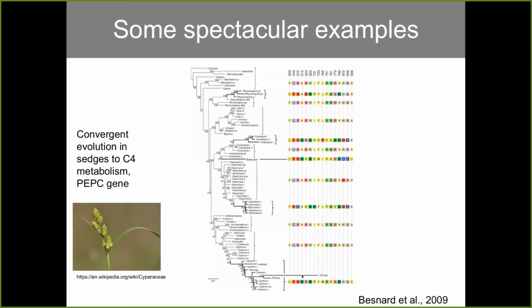So again, it's suggestive that we have convergent evolution of this site, with substitutions towards the Q amino acid every time the species evolve, acquire the C4 metabolism. So it's suggestive that there is a correlation between this particular position and the C4 metabolism, which means that possibly this position is involved in the C4 metabolism.